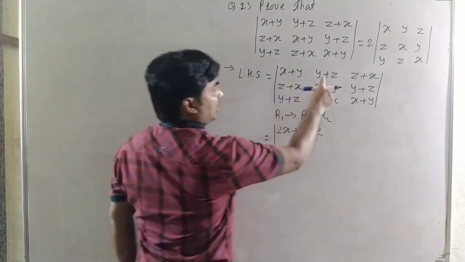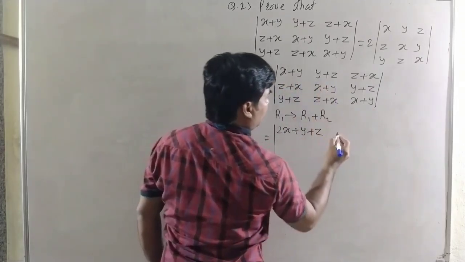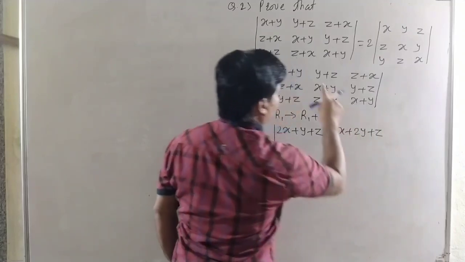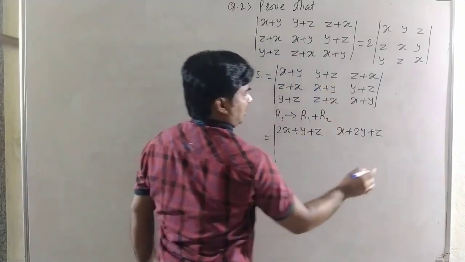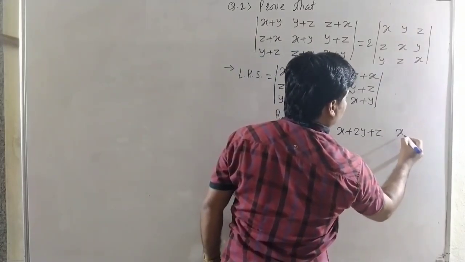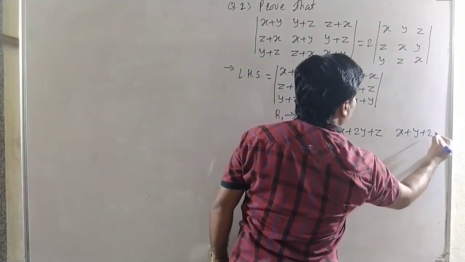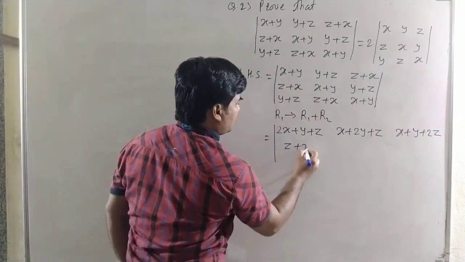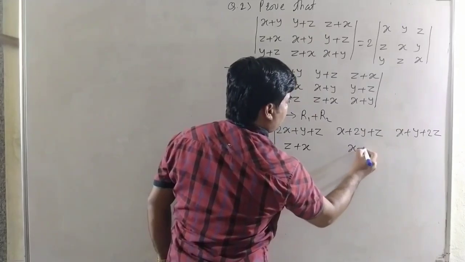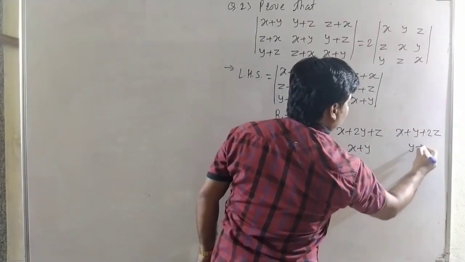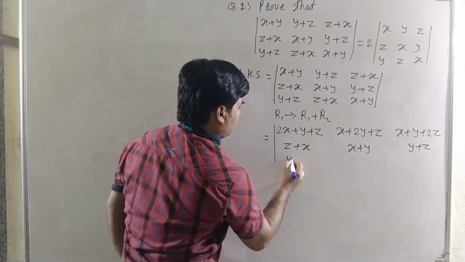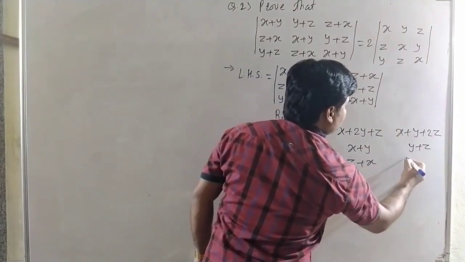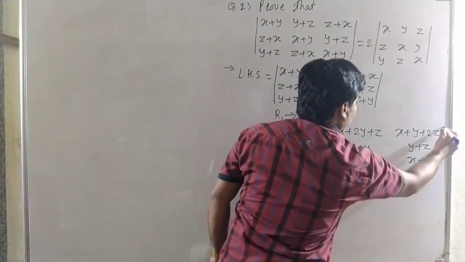Adding the corresponding elements, x plus 2y plus z, and the third one is x plus y plus 2z. The remaining 2 rows as they are: z plus x, x plus y, y plus z. The third row as it is: y plus z, z plus x, x plus y.